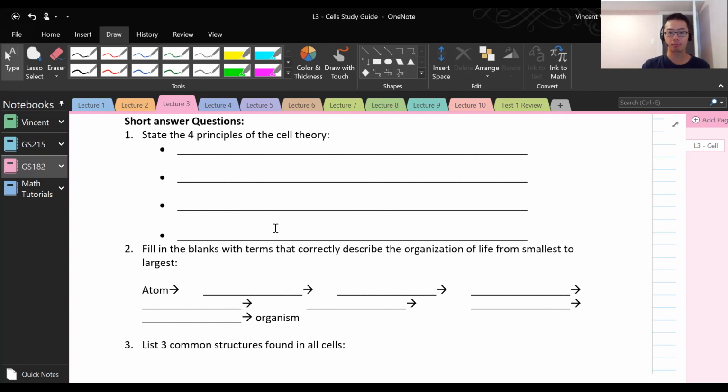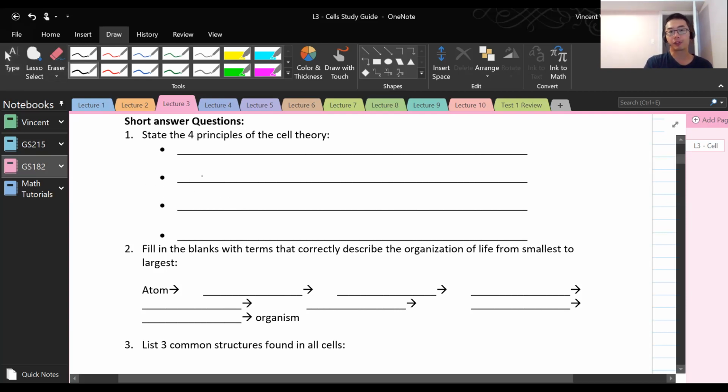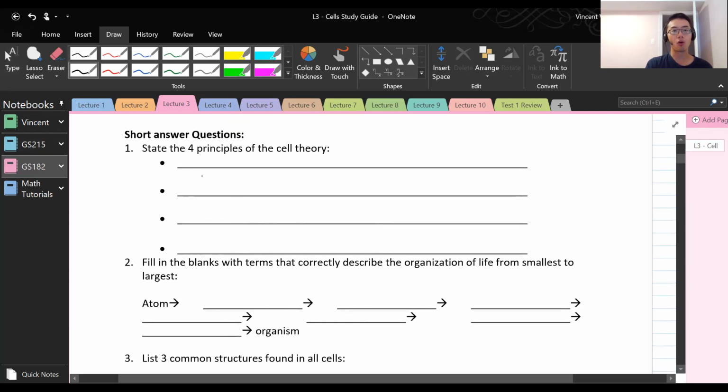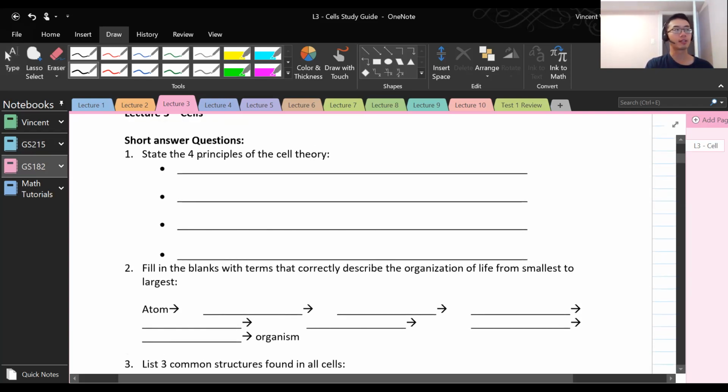There are all these cellular things happening, and that helps us understand things like bacteria and viruses, which are disease-causing agents. So, having a cell theory laid the groundwork for much of the cellular biology that comes afterwards. So, state the 4 principles of the cell theory.